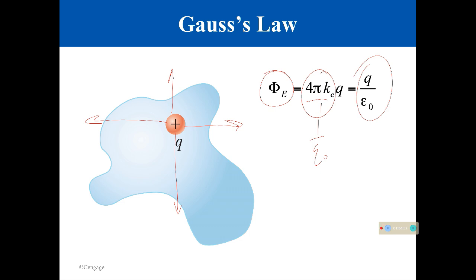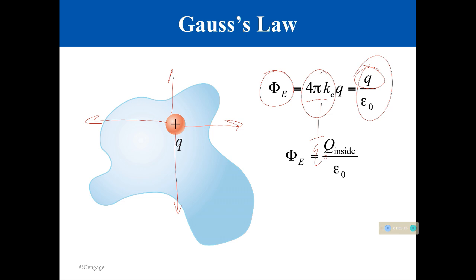No. I could arbitrarily draw this however I want, and electric flux is directly related to how much charge is inside that ridiculous surface. If I can measure electric flux, I can measure exactly how much charge is in an object. Is it easy to measure how much charge is on a particular object? No, but this gives us an opportunity to do that.